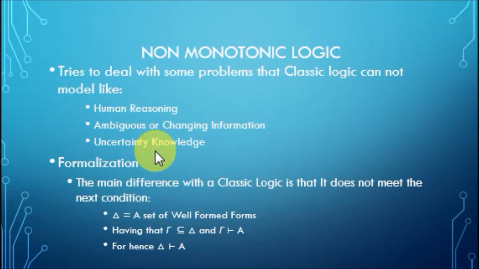If we want to define the non-monotonic logic on the basis of a classic logic, the main difference is that the non-monotonic logic doesn't meet the next condition. As we see in the presentation, we have a set of well-formed formulas, and we have other premises that are contained in the well-formed formulas.